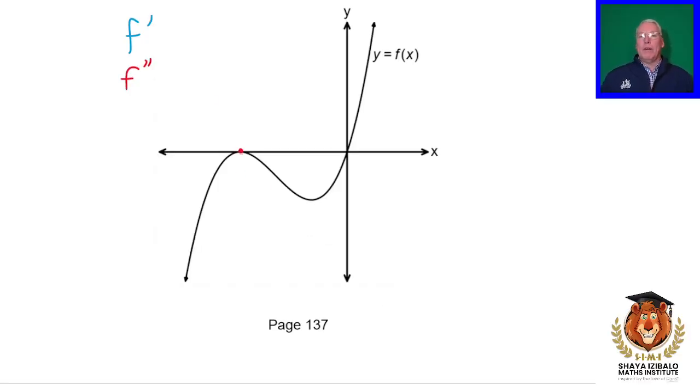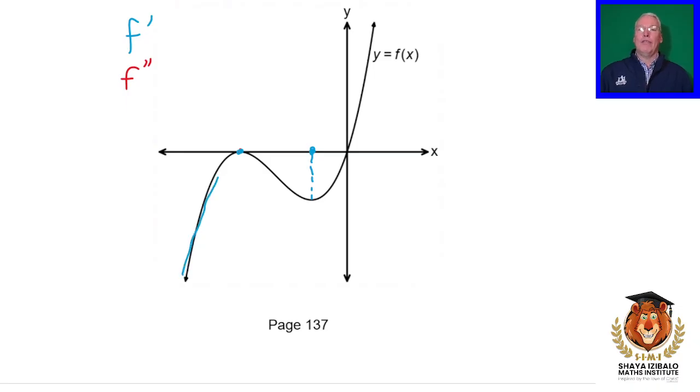At this point, we know that the gradient is 0. And at this point here, we know that the gradient is 0. So our parabola must go through those 2 points. Now, at the moment, is the gradient of this graph here positive or negative? On this piece, absolutely, it's positive.